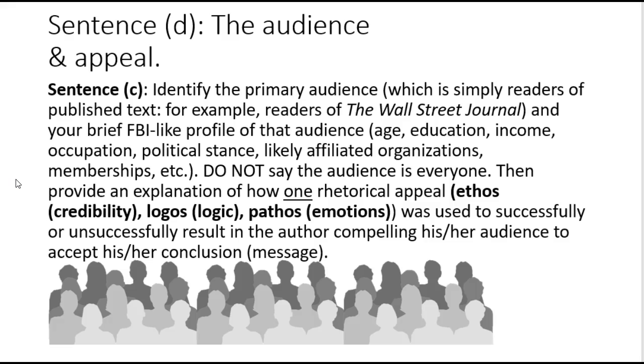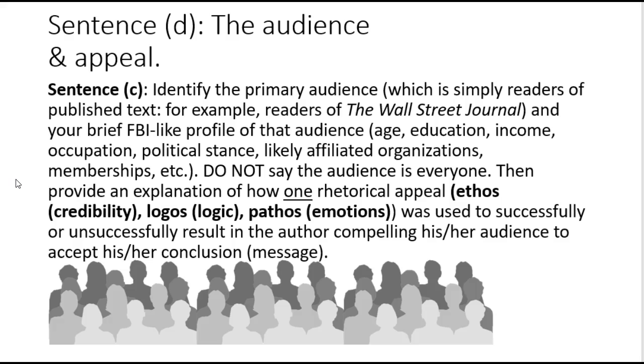Academics, doctors, business owners, businessmen, investors. So think of the kind of audience that reads it. And then you have to kind of remember as you're reading through, is the author being very logical? Are they being very emotional? Are they really trying to stand on credibility? So then you're going to identify the rhetorical appeal that the author used in order to compel this audience to believe what they have to say.